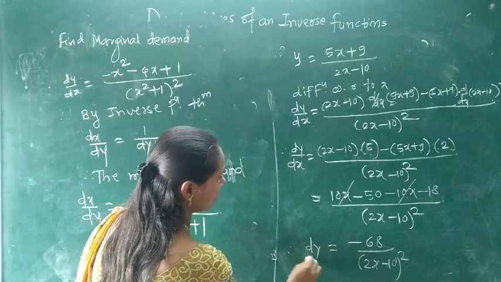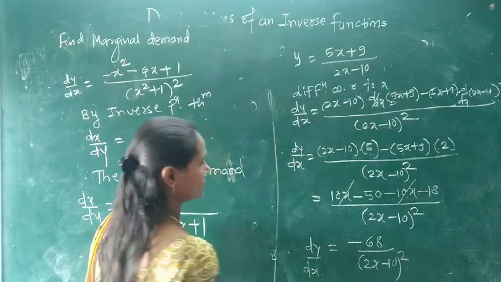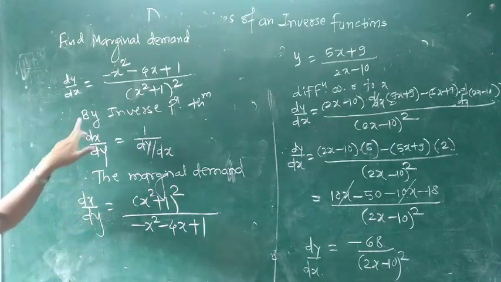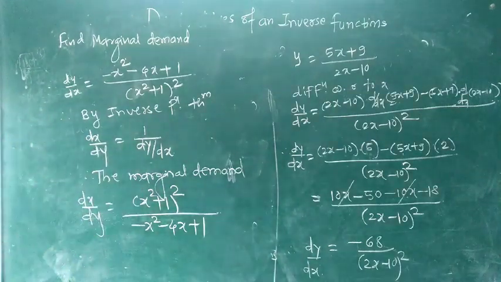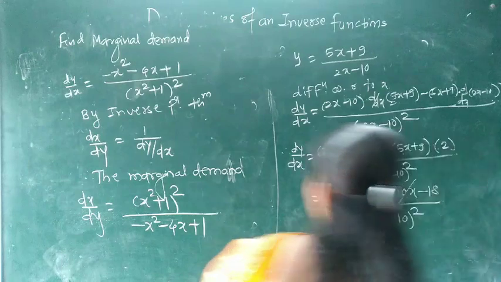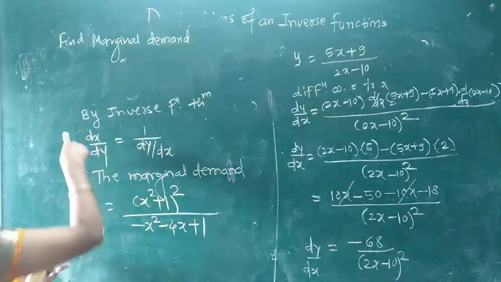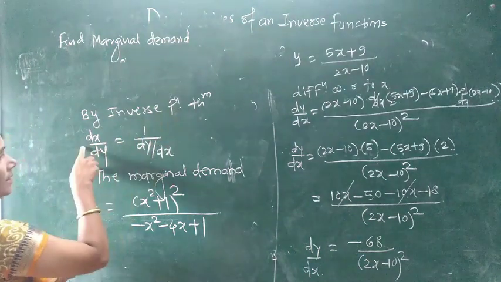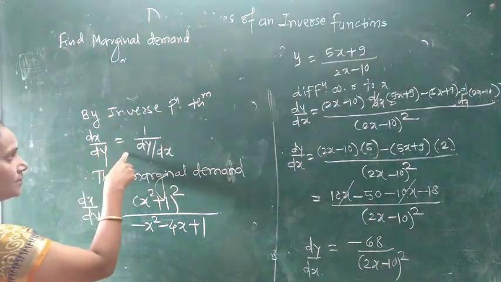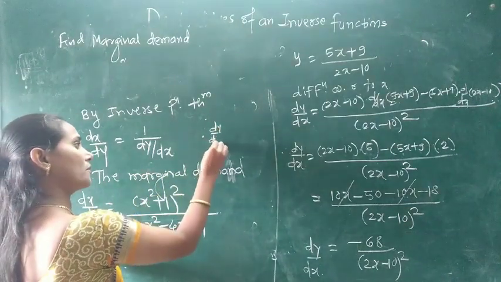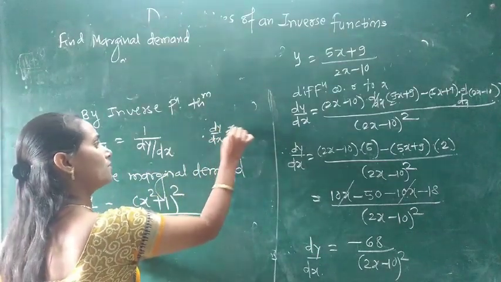So that is dy upon dx. But we have to find dx upon dy. So by the inverse function theorem, again write: dx upon dy is equal to 1 upon dy upon dx, where dy upon dx is not equal to 0.